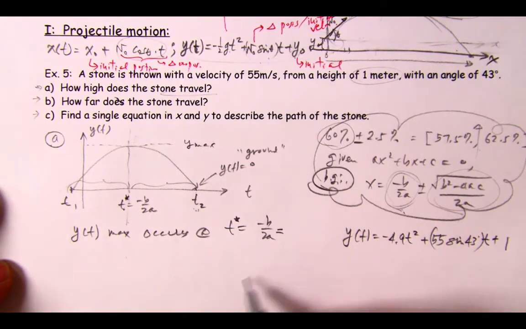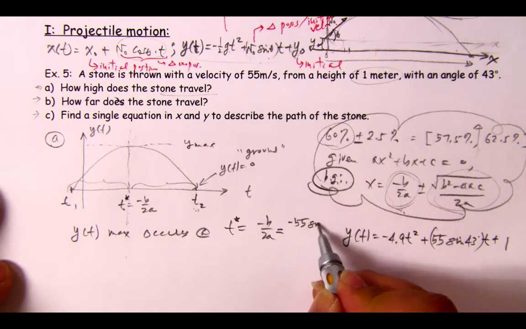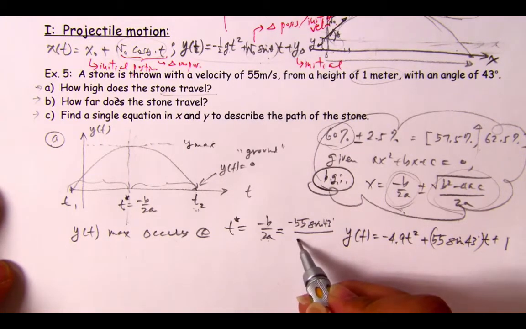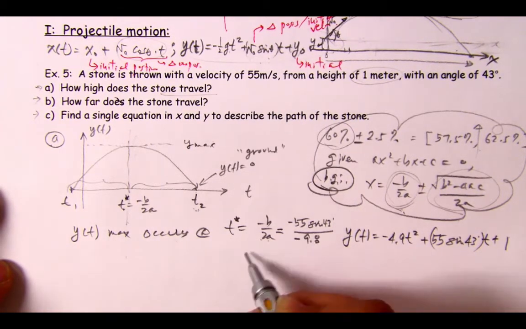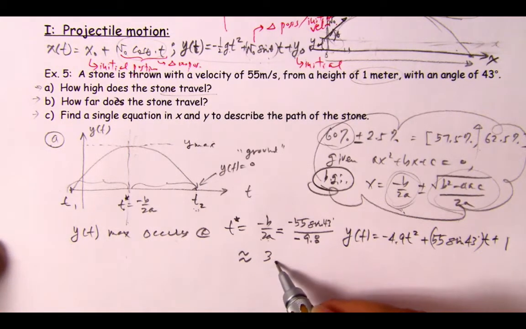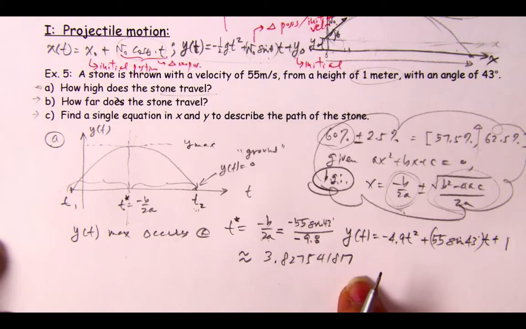So this right here is equal to negative 50 sine of 43 degrees over twice the a, that's negative 9.8. When you put that in the calculator, that should come out to 3.827541817. So that's the calculator value that I took directly.